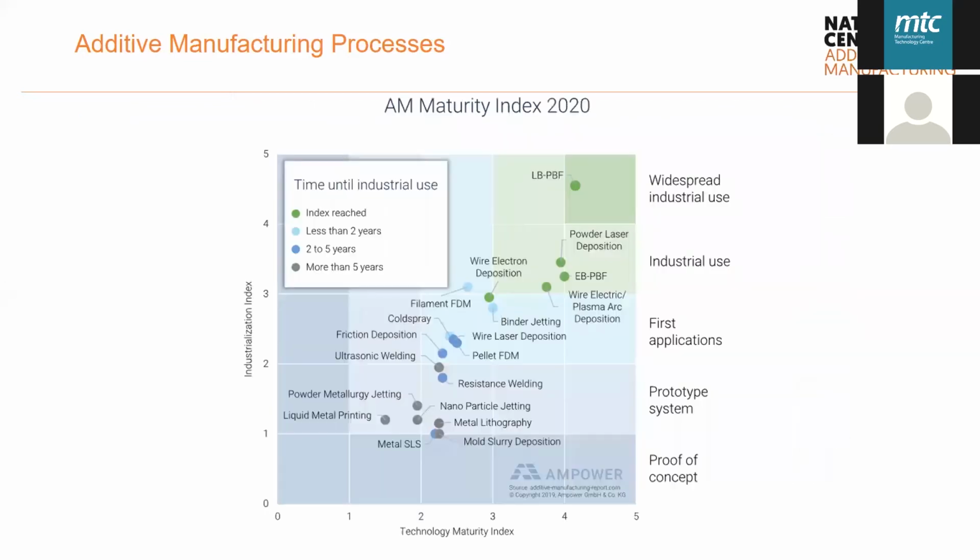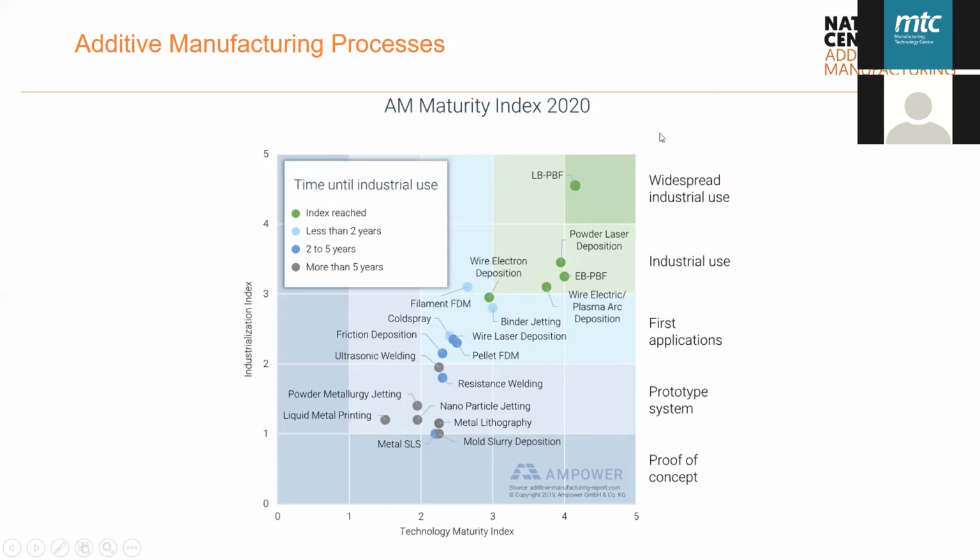So before we start, this is an AM maturity index from AM Power. This highlights which metal AM processes are the most widely used in industry at the moment, and also which processes are the most mature.